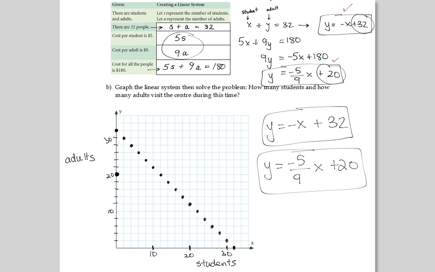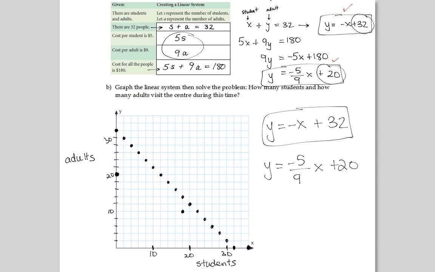So 18 is going to be right here. Over 18 one more time and down 10. I'm way at the end here at 36.